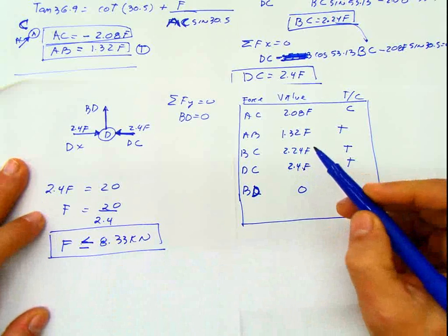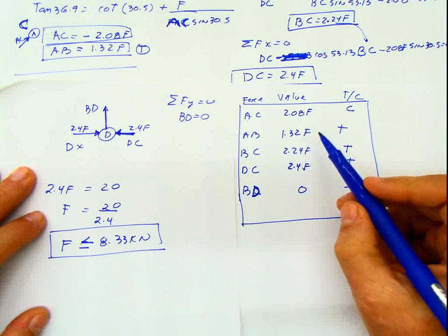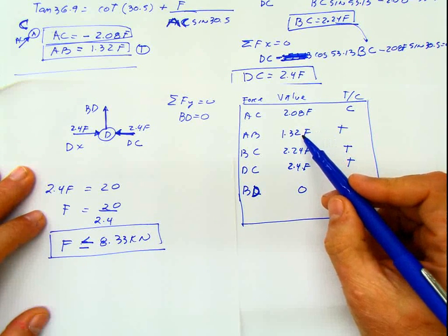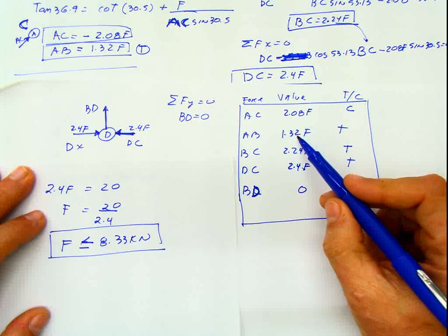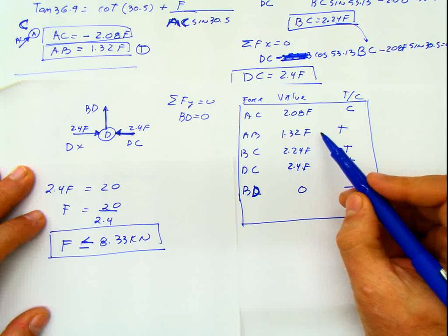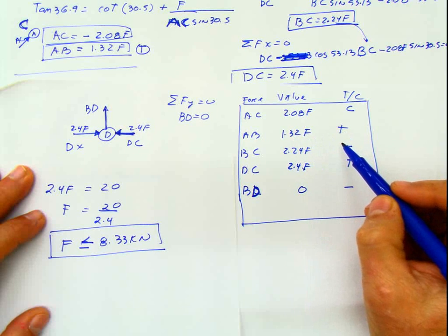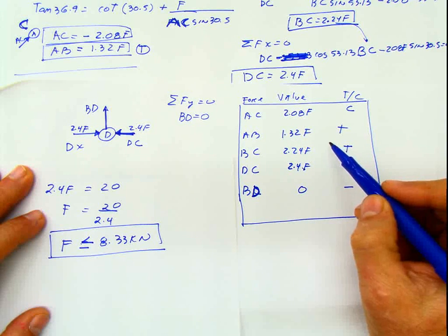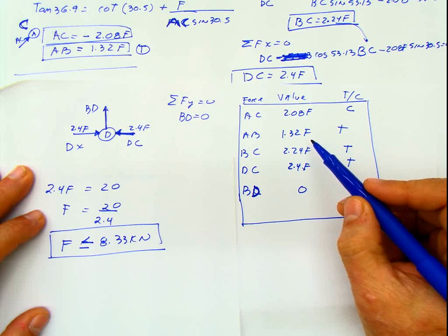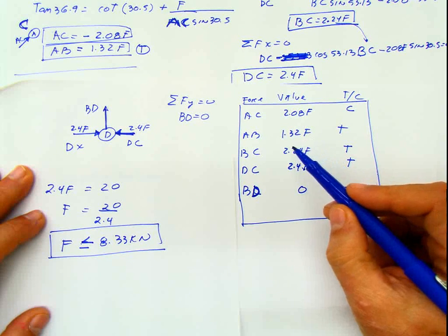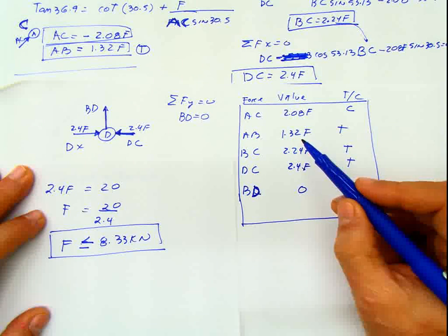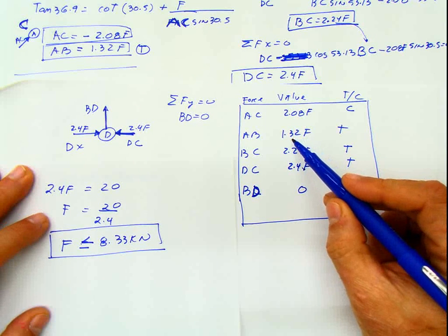What happens if I use this one? Let's say this one. If I use this one, then I'm going to have 1.32 F equal 20, and 20 divided by 1.32 is going to be almost 15.